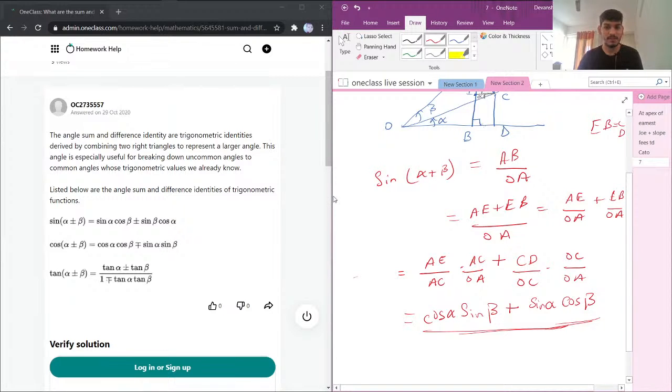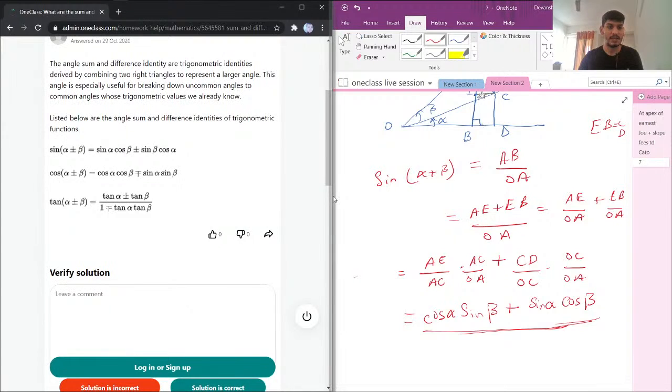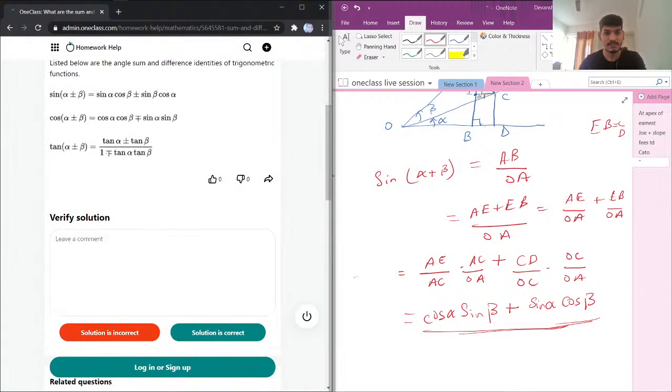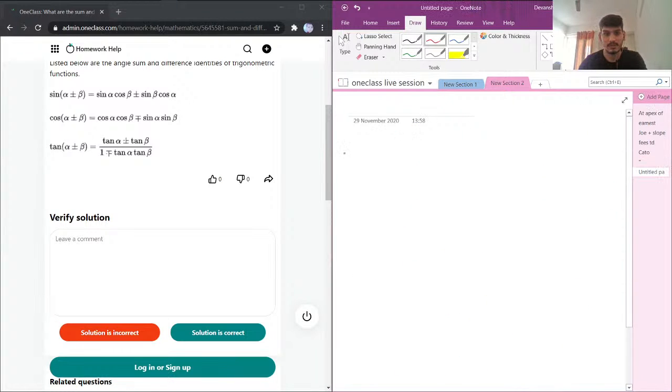In the same way we can prove the sine of alpha minus beta, and we can prove cosine of alpha plus minus beta. So in the case of cosine of alpha plus minus beta, we first have cosine terms. It is cosine of alpha, cosine of beta, then minus plus we have sine. I'll just write it in another page.